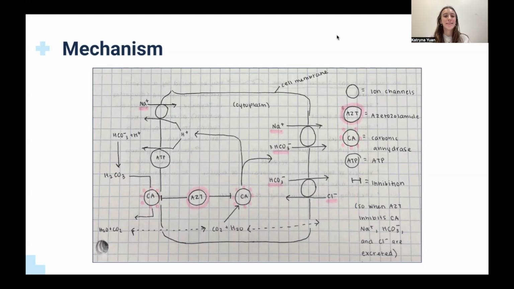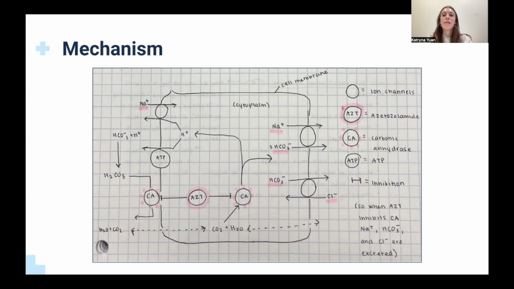It begins with the exchange of sodium ions and hydrogen ions across the cell membrane. The hydrogen ion is going to form carbonic acid with the bicarbonate ion. The carbonic acid then decomposes into carbon dioxide and water. All of this is catalyzed by the enzyme carbonic anhydrase type 4.